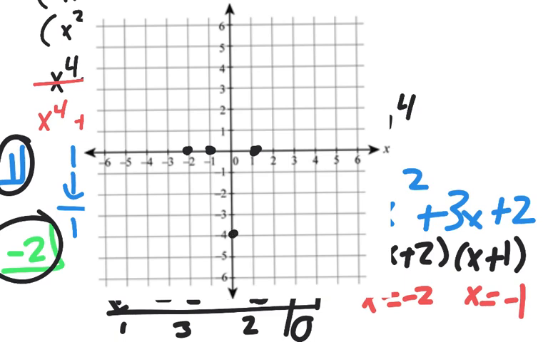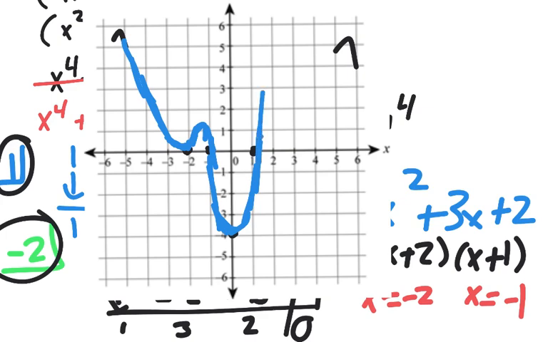I know because I had a positive leading coefficient, the end behavior is going to look like this. Up on both ends. Now, my x-intercept at -2 had a multiplicity of 2. So that tells me that the graph is going to bounce off -2. So we're going to bounce up. Then we're going to cross -1, boom, and then cross at 1, because those only had a multiplicity of 1.